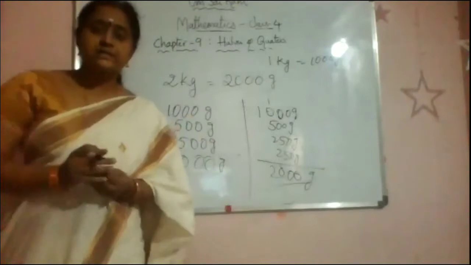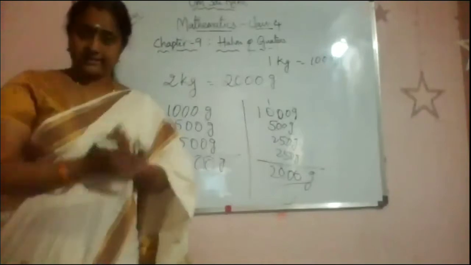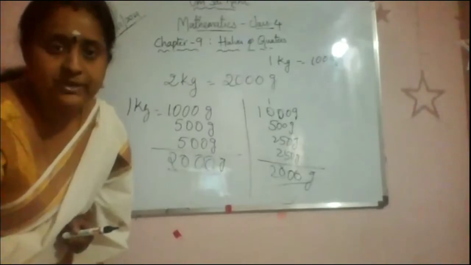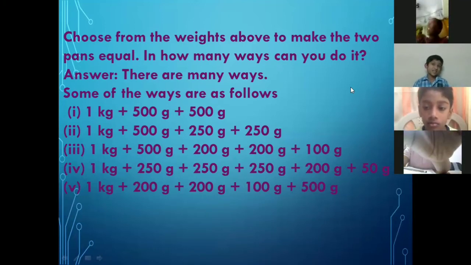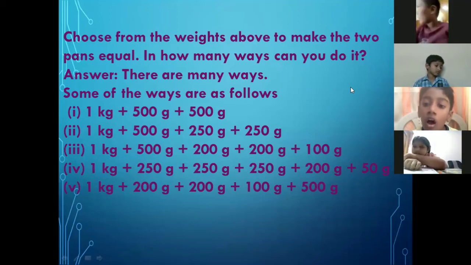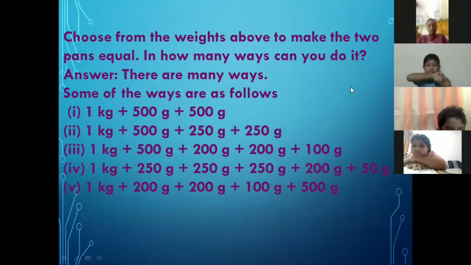So we can make 2000 grams by using different types of weights. As Joy said, 1 kg plus 500, 500. As Vaishnavi said, 1 kg, 500, 250, 250. And some more weights are there. Please check it. Children, these are the ways to make 2000 grams, which is nothing but 2 kg.